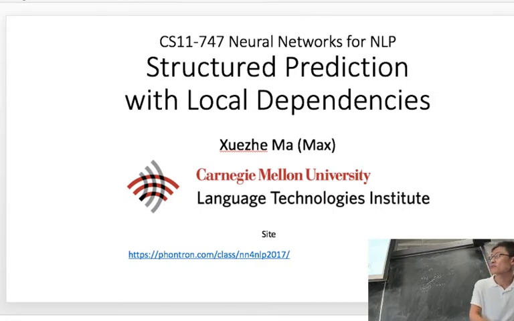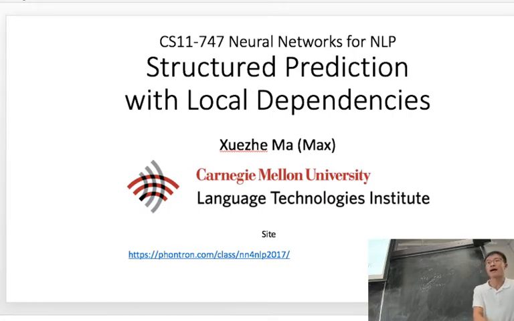But for the first-order linear CRF, which is represented in the red graph, from the notation of the graphical model, the joint distribution of the CRF can be written as the product of the potential function at each time step over the normalizer.